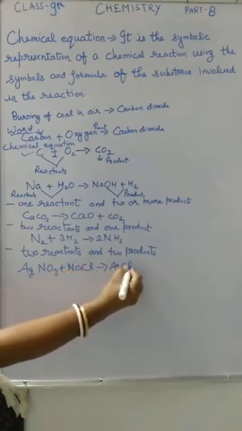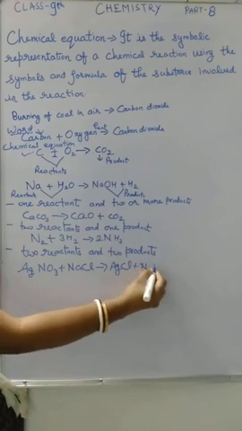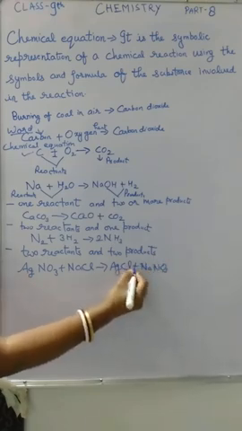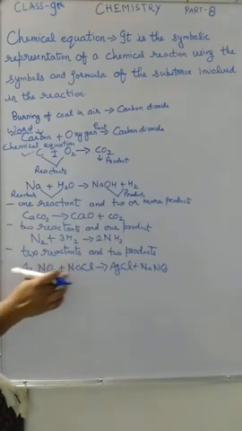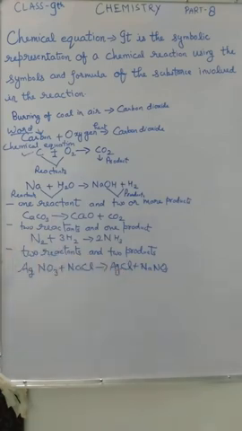Here, AgCl plus NaNO3. In this reaction you can see two reactants and two products. Now the fourth one: two reactants and three or more products.